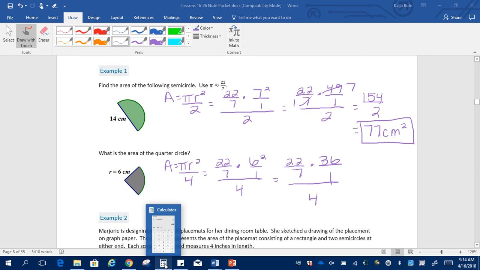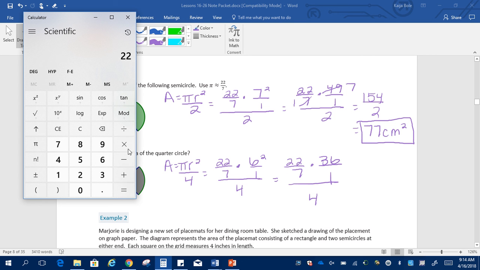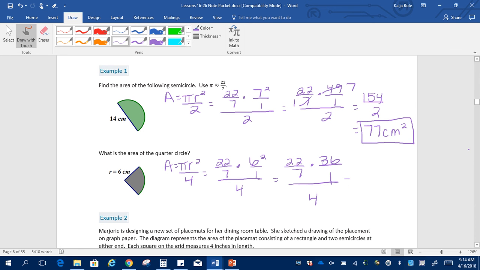So we'll just have to use our calculator on this one. So 22 times 36, we get 792, and I'm not going to clear it yet. I'm going to divide that by 7. We get a very long number, and then again by 4. So we get about 28.29 centimeters squared. Alright, so you'll definitely be able to use your calculator for this unit. Okay.